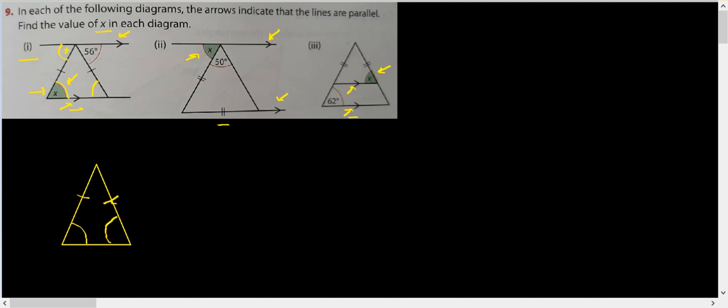That might be another way we could work this out. If this angle here is 56, then this angle here also needs to be 56 because they're opposite angles. So x is equal to 56 degrees.